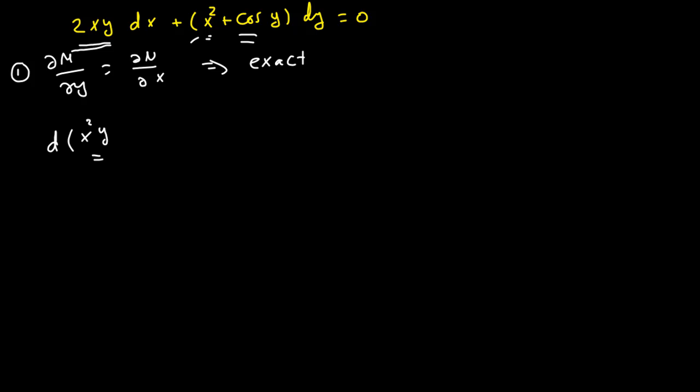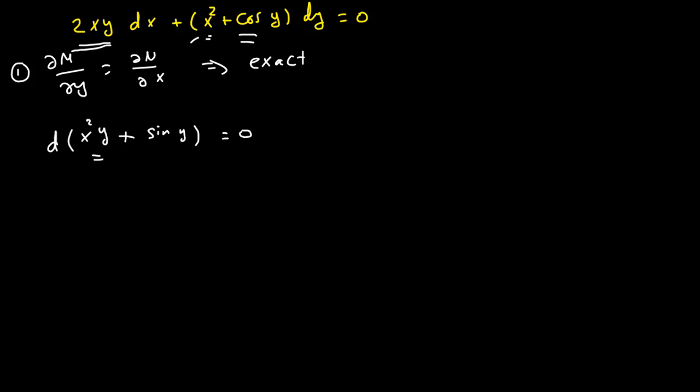So we are fine with this term, but we can't get this term of cosine y, and so we need another term which by differentiation with respect to y gives cosine y, and this one will be sine y.